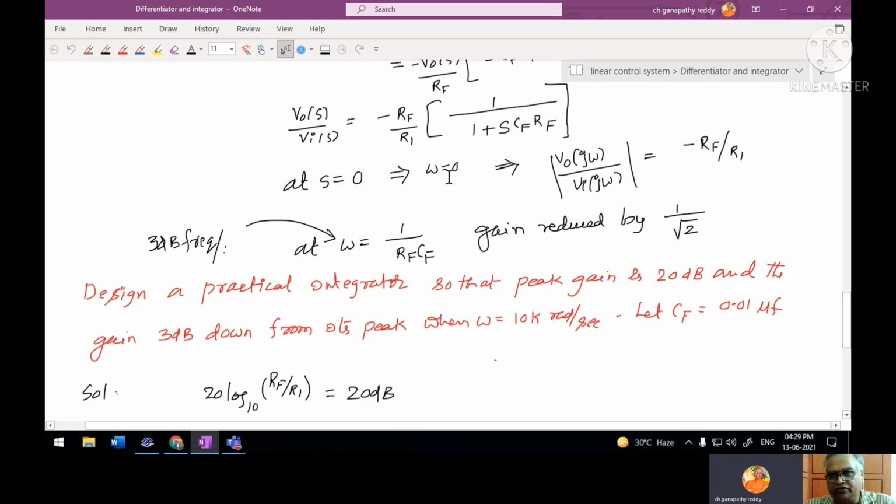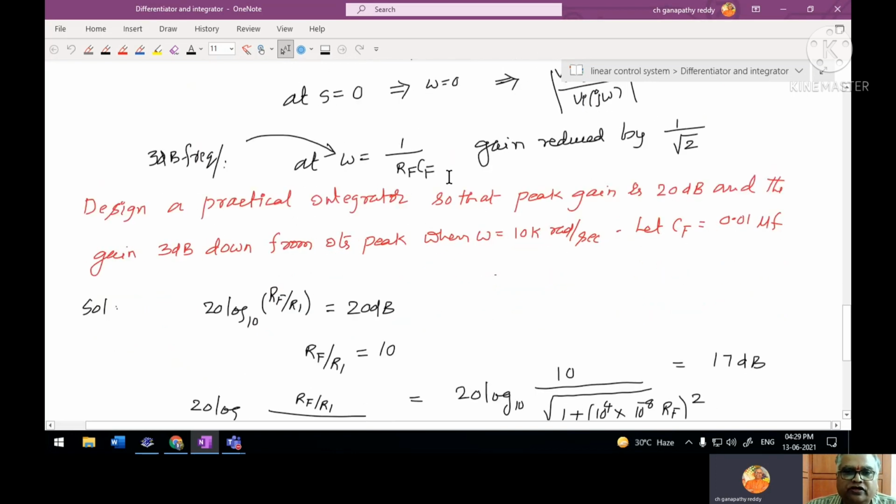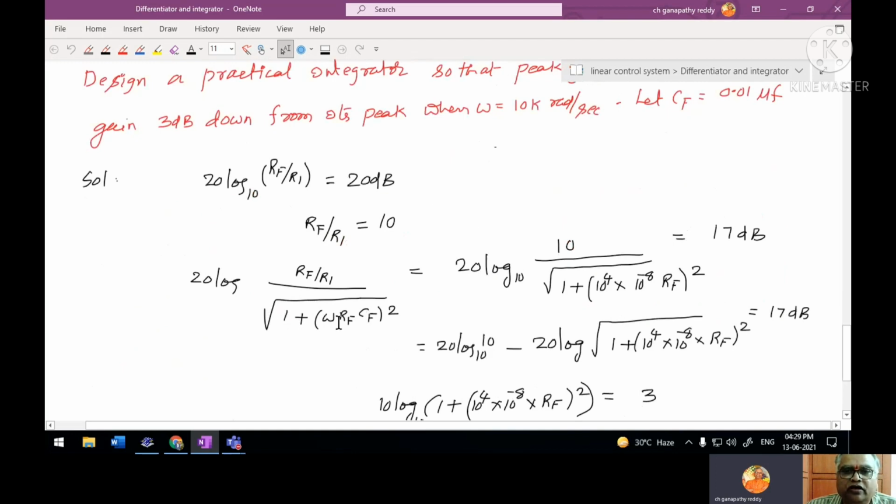It is like x plus jy, the magnitude is root of x squared plus y squared. So 20 log of 10 over root of 1 plus (omega RF CF) squared, where omega is given as 10k, 10 power 4, and CF is 0.01 micro, which is 10 power minus 8, RF we don't know, and this equals 3 dB less, 20 minus 3 equal to 17 dB.